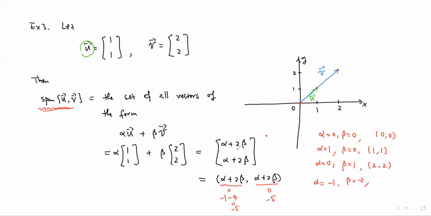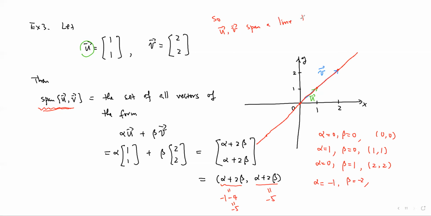If you plot all the points, then you will see all the points together is this line. So this time, vector U and vector V span a line.